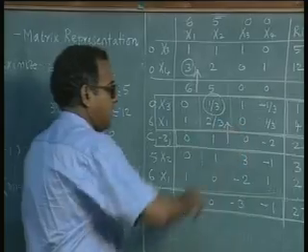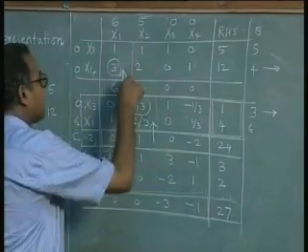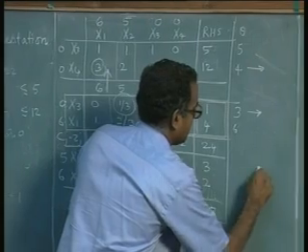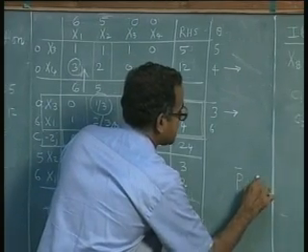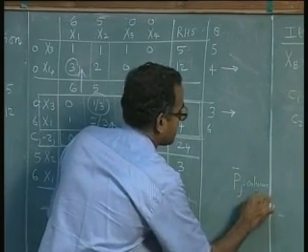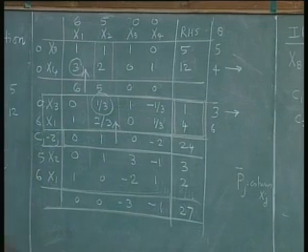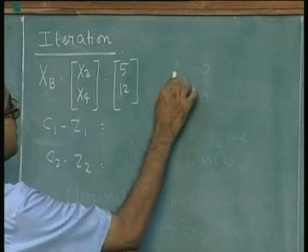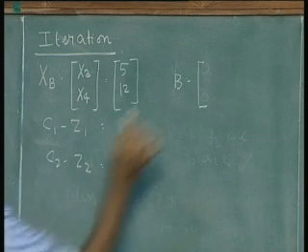We are going to call every column of the given problem P bar j. Now P bar j represents the column corresponding to variable xj, and the moment we define an xB, we also define something called a basis matrix.